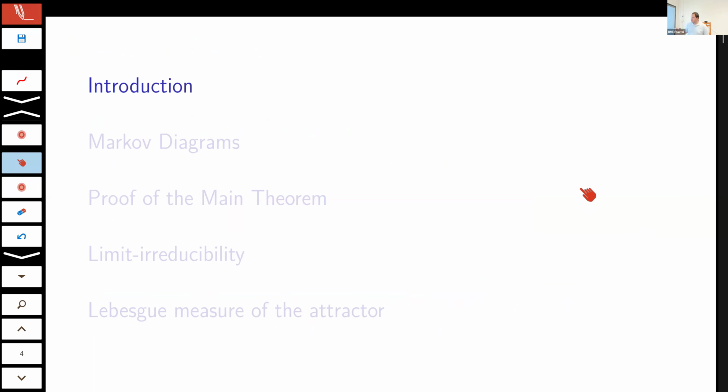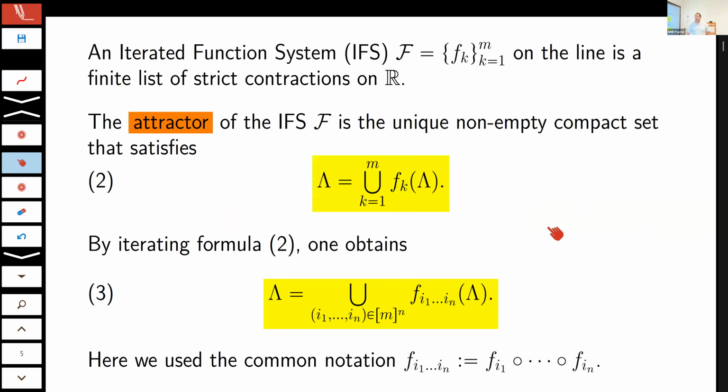So first, let me introduce some concepts. The iterated function system, as you all know, is a finite list of strict contractions. My iterated function systems are always defined on the real line. The attractor of the IFS is the unique non-empty compact set that satisfies this equality here in the middle. Hutchinson proved that this set uniquely exists.